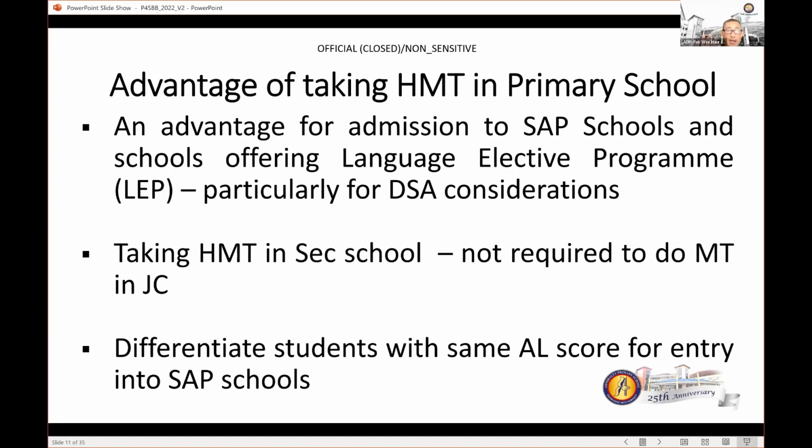So if you say, okay, I don't want you to take higher mother tongue because I want you to focus on your math and science, you might find that in the end, the child's science and math results might still not be good, because these are weakness areas that are not just about freeing time up from higher mother tongue to get the child up.